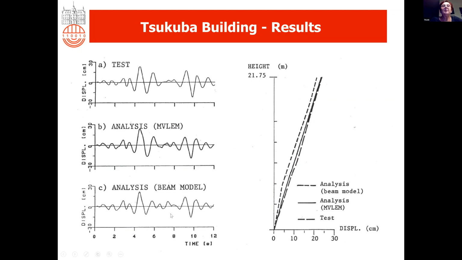Here we have the displacement response history recorded during the test, and the results of the analysis using the multiple vertical line element and the beam model. What can be observed is that the displacements obtained with the beam model were a bit smaller than those with the MVLM. Here we have the envelopes of the displacement over the height of the wall.